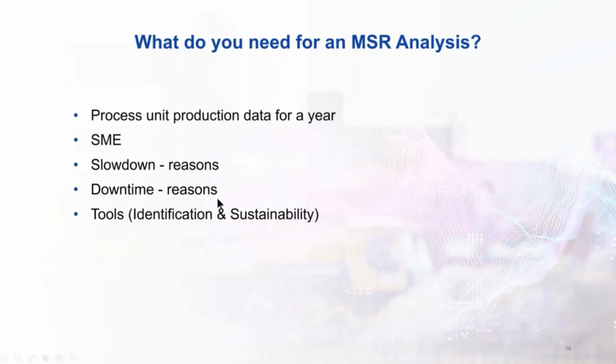If we're lucky, the plant will be recording reasons for slowdown and downtime, and we can use Pareto charts to organize those from top to bottom, to see what's the most important and what we can go after. And then you need tools that can identify the downtime and help you find it, and tools to make sure that it's sustainable. If you do move the bar, we need to be able to ensure it stays there. We can't just do something and walk away. It's not going to stay there.